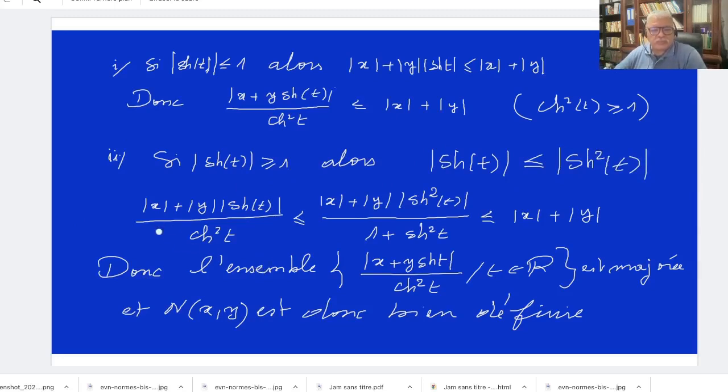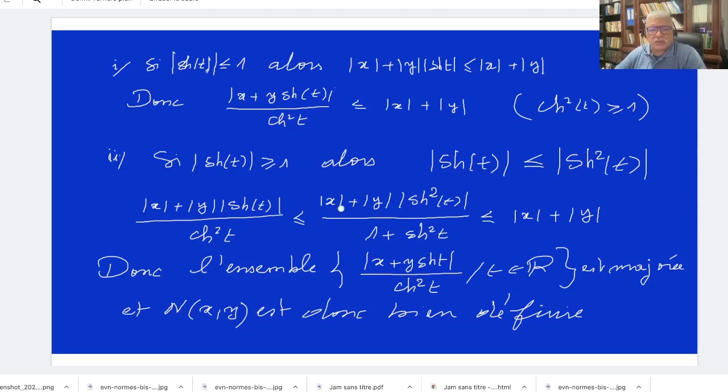So we can bound the absolute value of x plus the absolute value of y times the absolute value of sh of t, by the absolute value of x plus the absolute value of y times sh2 of t, or the absolute value of sh2 of t over ch2, that is to say 1 plus sh2.